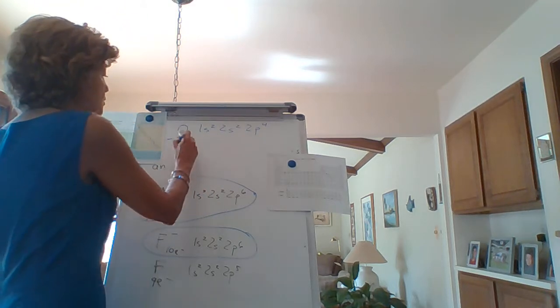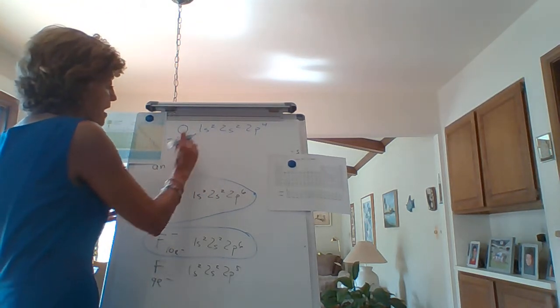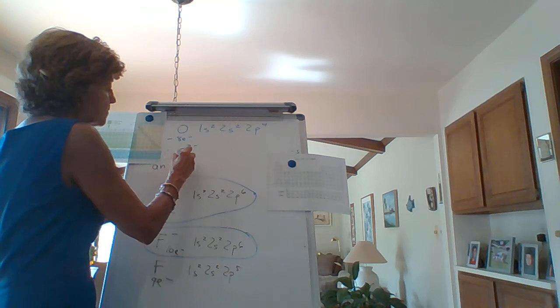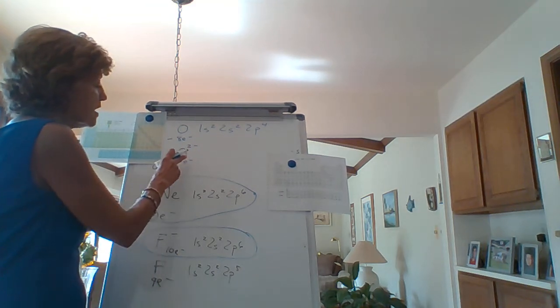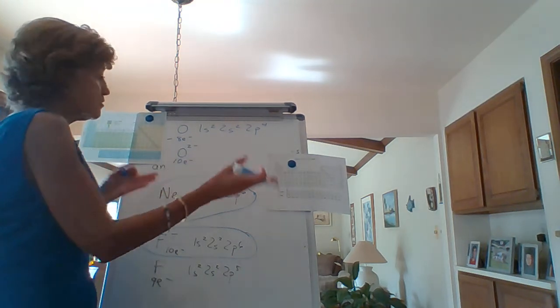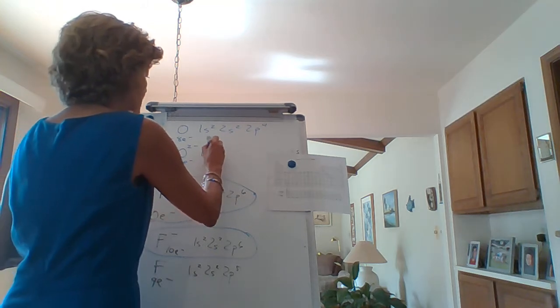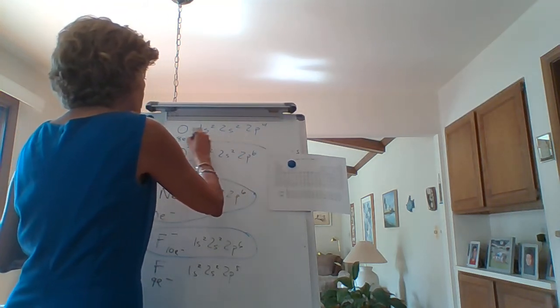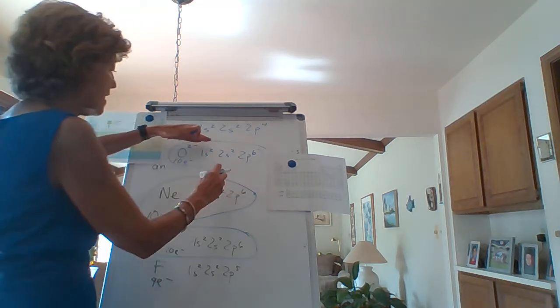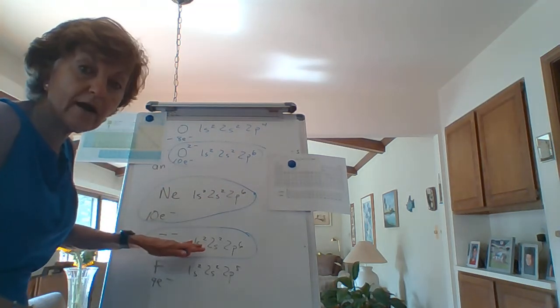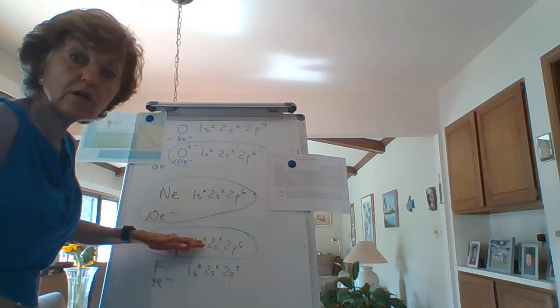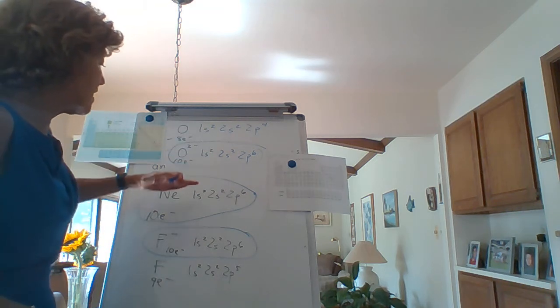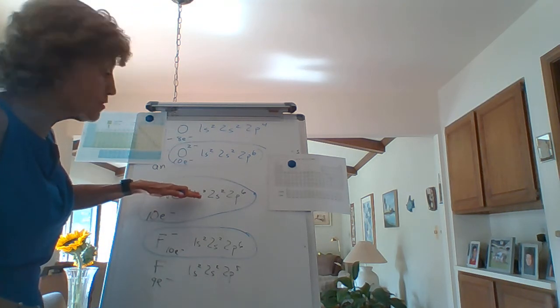So if it picks up 2 electrons, the oxide ion now has 10 electrons. Its electron configuration looks just like neon, 1s2, 2s2, 2p6. So you can see that the oxide ion and the fluoride ion are isoelectronic species. Oxide ion with neon, isoelectronic species.